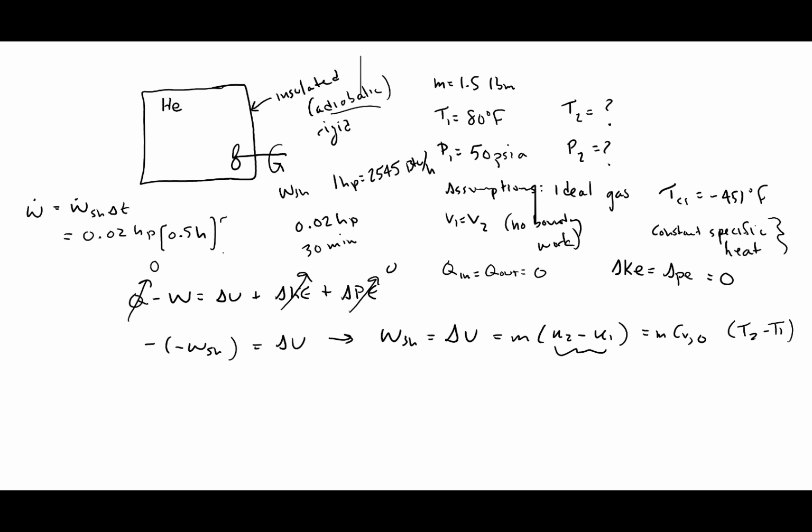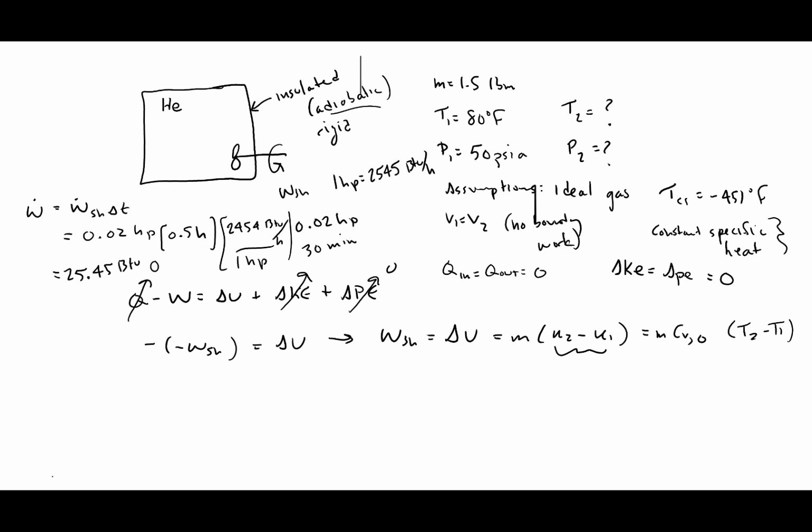So we can put this conversion in to change this to BTU: 2545 BTU per hour over 1 horsepower. So if we work through that math, this is equal to 25.45 BTU.